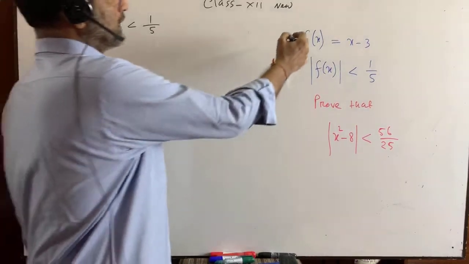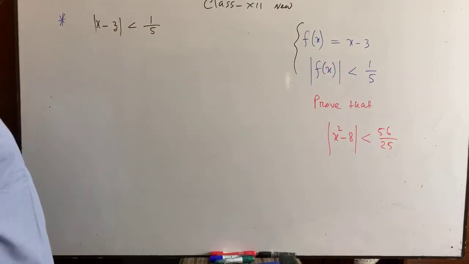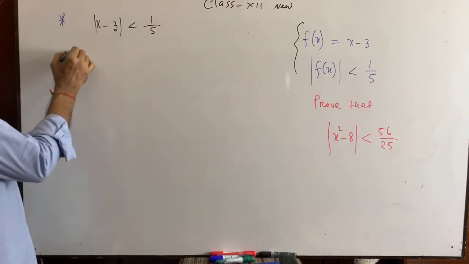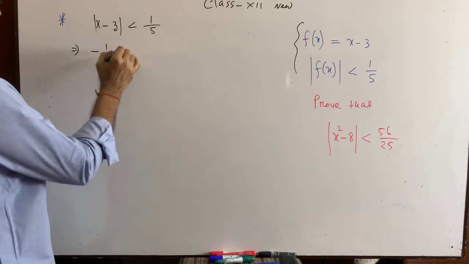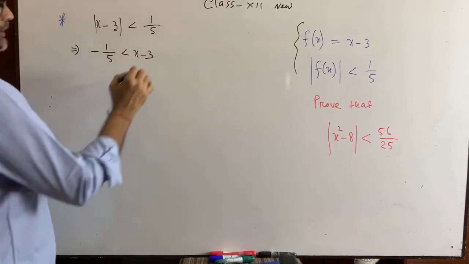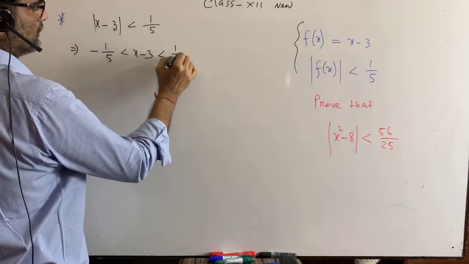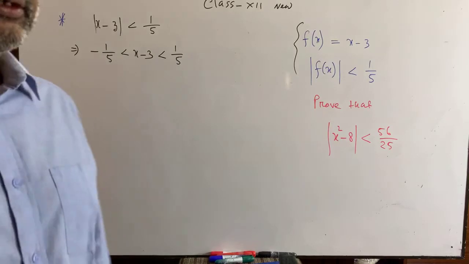From these two we can write it. That means minus 1/5 less than x minus 3, and it is less than 1/5, right? Yes, it is very easy and simple.